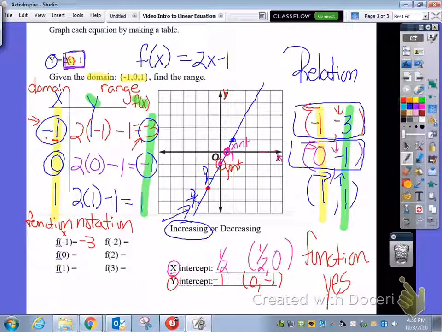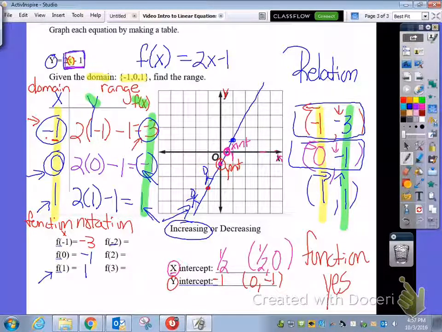When x is 0, so right here, what was my y value? -1. F of 0 is -1. What about f of 1? So f of 1, right here, what was my answer? It was also +1.